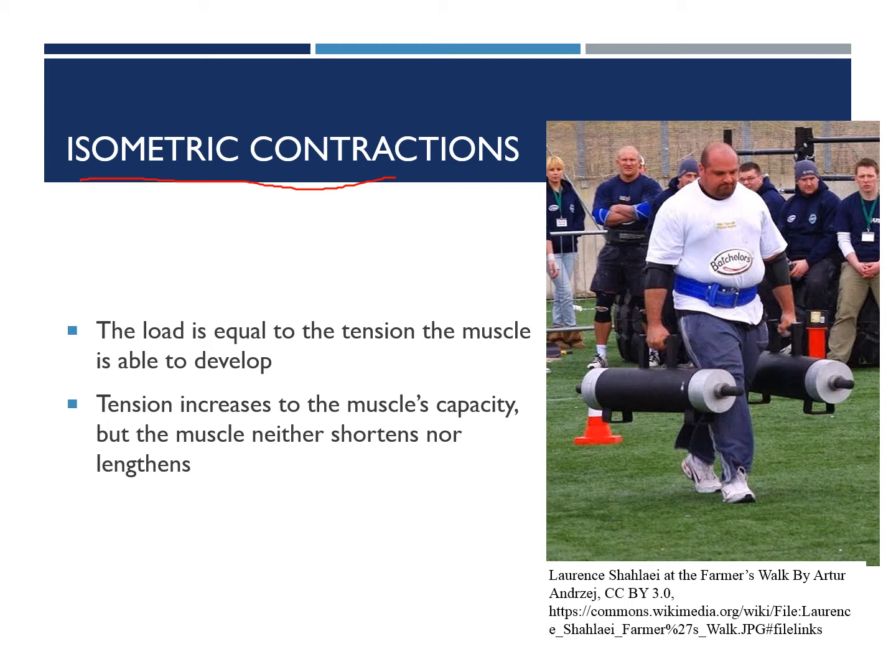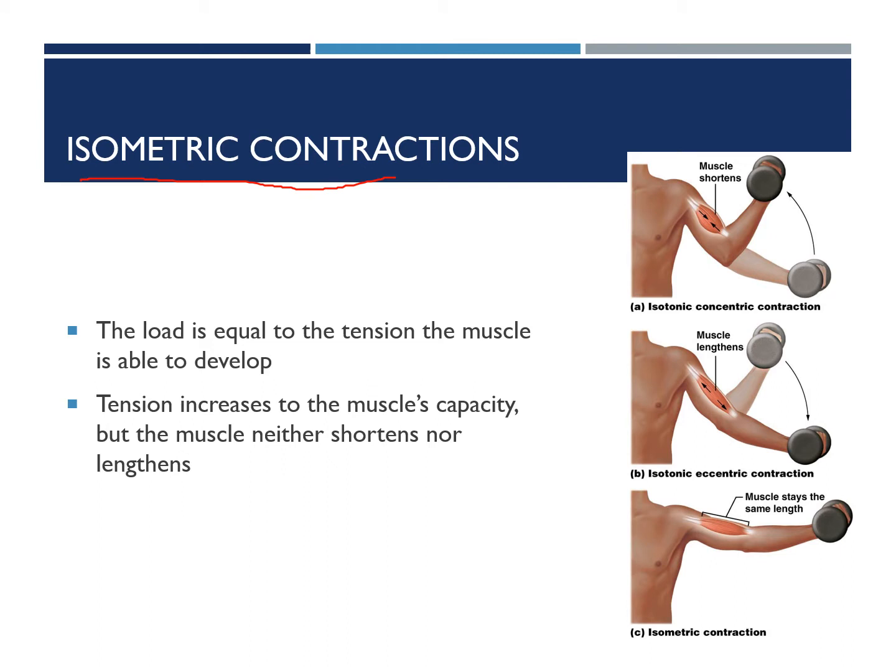So your three types of contractions are the isotonic concentric contraction, where muscles provide enough tension or force to overcome a load, in this case a dumbbell, and these muscles are able to shorten as a result and do work. You had the isotonic eccentric contraction, where the muscles can't overcome the load, and instead of shortening, they actually lengthen.